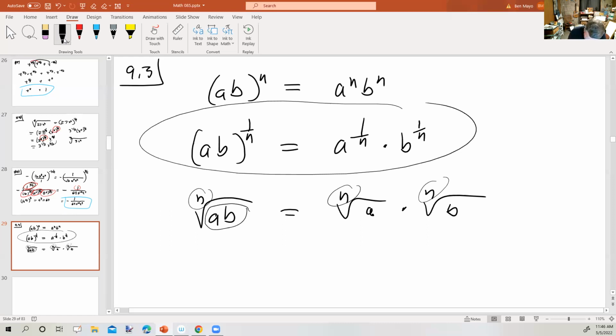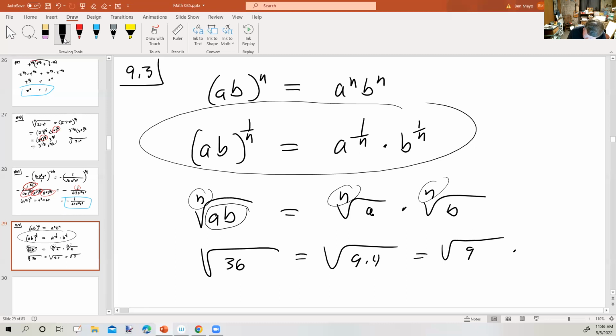So for instance, the square root of 36 could be written as the square root of 9 times 4, could be written as the square root of 9 times the square root of 4, if we so chose to do that, okay? 36 is 9 times 4.